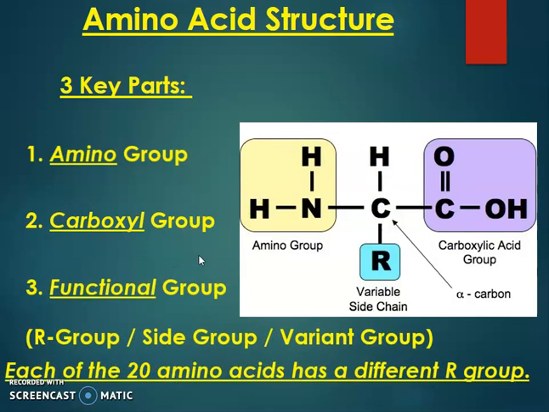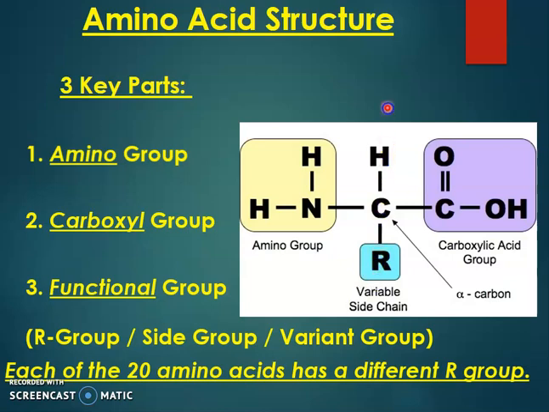And then the third thing, and this is the one thing that every amino acid has but is going to vary from amino acid to amino acid, we have what's called the R group, or it might be called the side group, or even the variant group. This is different for every single amino acid. This could be just a hydrogen. It could be CH3. All right, it could be another NH2. At that point, it really depends, but this is what can vary.